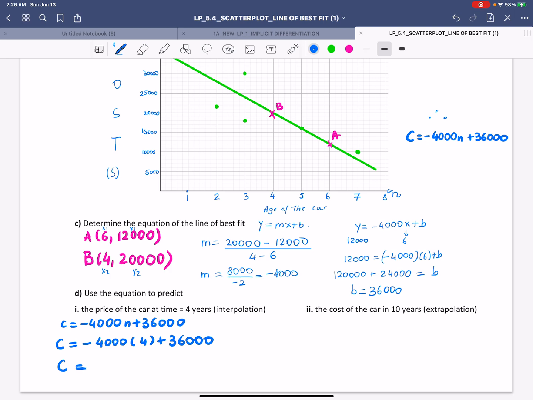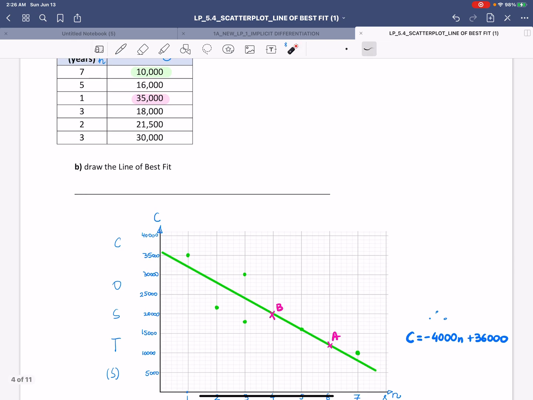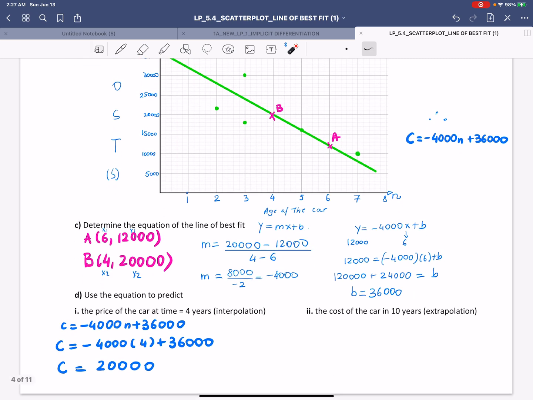So that would be negative 16,000 plus 36,000, or 20,000. And notice that the cost in 4 years is not given in the table, right? But we did have the cost in 3 and 7. So in this case, we found the cost for a value in between the data. That is called interpolation again.